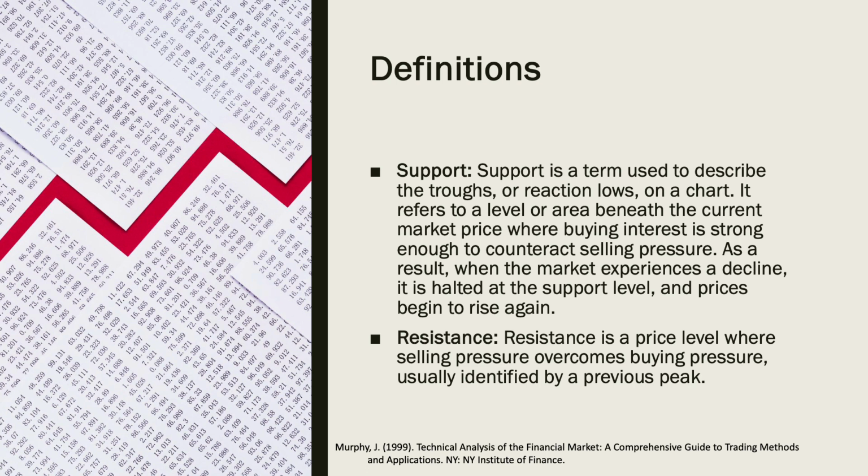As a result, when the market experiences a decline, it is halted at the support level and prices begin to rise again. Resistance. Resistance is a price level where selling pressure overcomes buying pressure, usually identified by a previous peak or high.